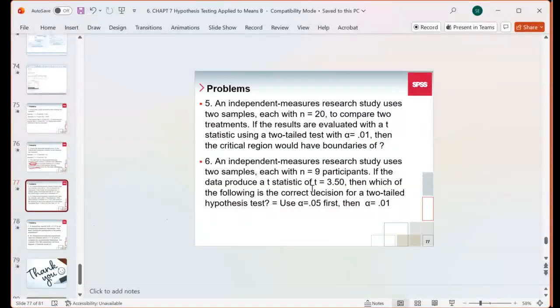And then this one is pretty much the same thing. An independent measure research study uses 2 samples. Each is 9, so you've got 18 participants. Your df is 16. If the data produce a t statistic, our calculated t is 3.5, already calculated for you. Which of the following decisions would you make on two-tail, alpha 0.05 and alpha 0.01?